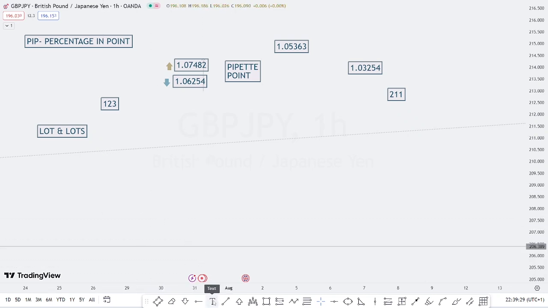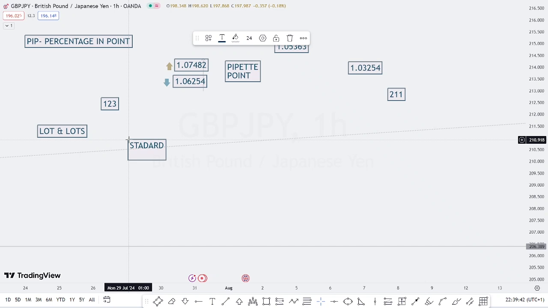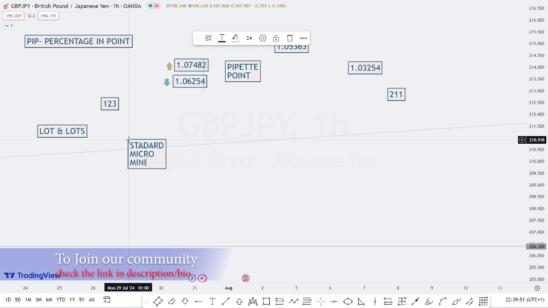And in forex trading, we have three types of lots. We have the standard lot size, the micro lot size, and we have the mini lot size. Is it mini before micro or micro before mini?